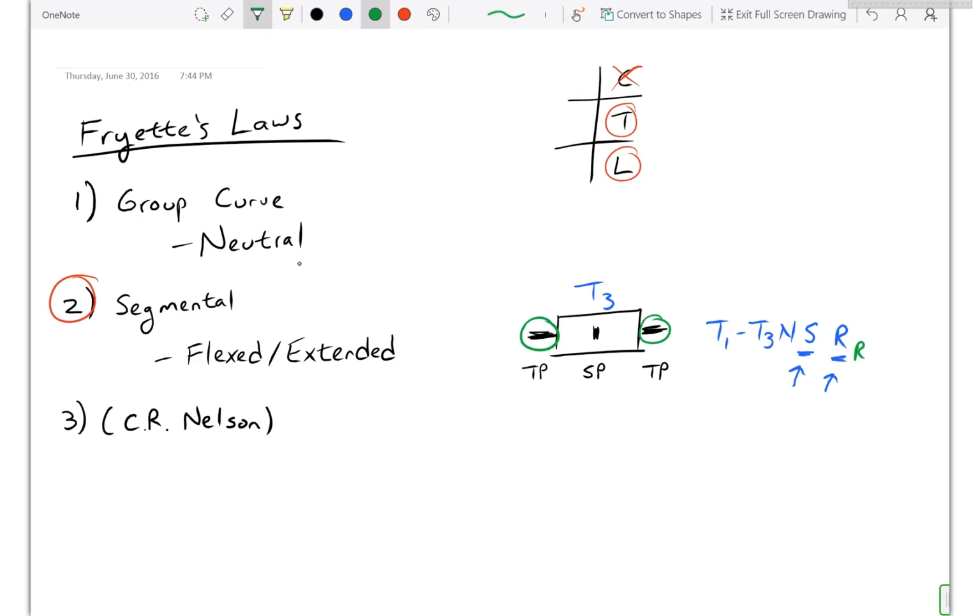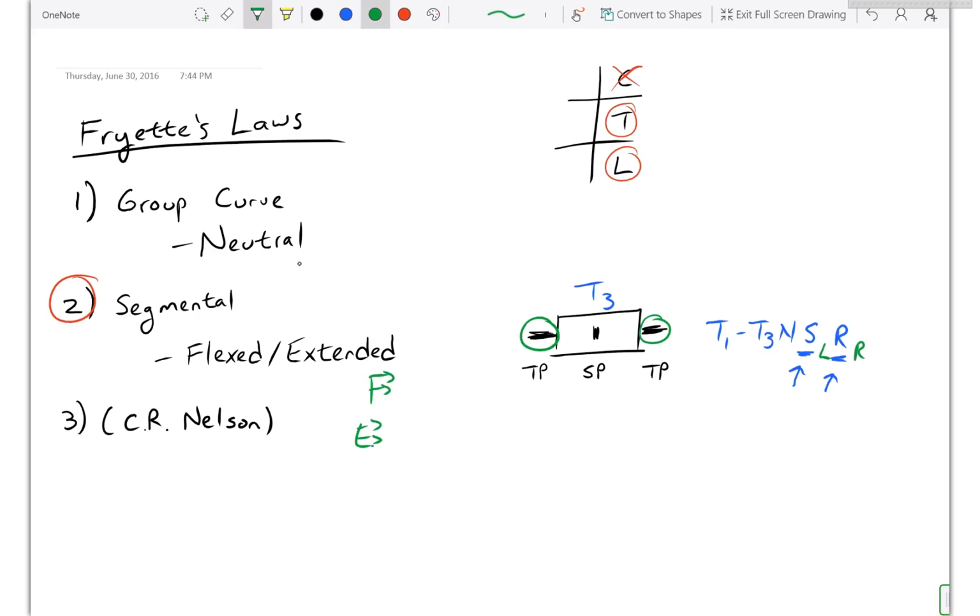Since we know that the R is rotated right, we will then know that the S, the side bending, is going to be side bent to the left. The reason is because group 1 somatic dysfunctions, type 1 somatic dysfunctions, are always going to be in opposite directions. So with the F and the E here, we said those were always in the same direction.